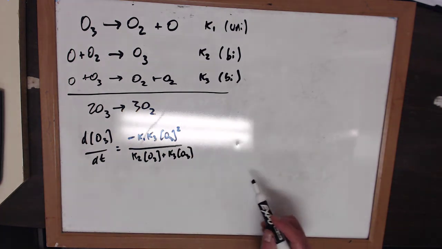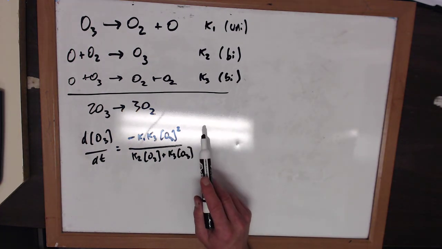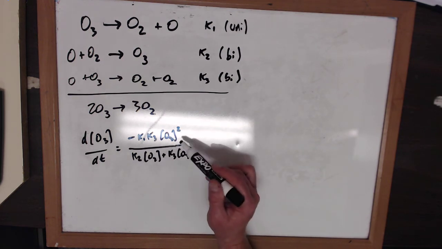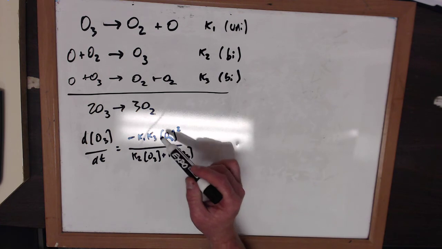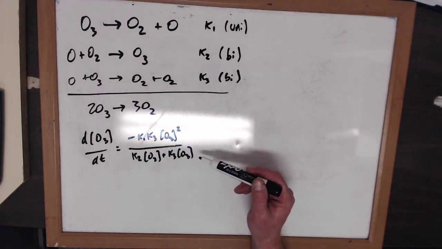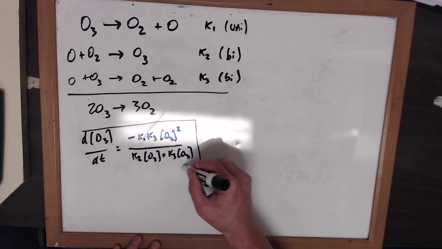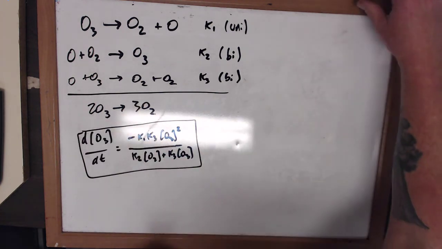And again, this is a simple expression because everything involved in here, concentration of ozone and concentration of O2, we can measure these quantities. We've eliminated concentration of oxygen atom. Okay, so pause it. See if you can apply the steady state approximation and come up with this expression. Go for it.